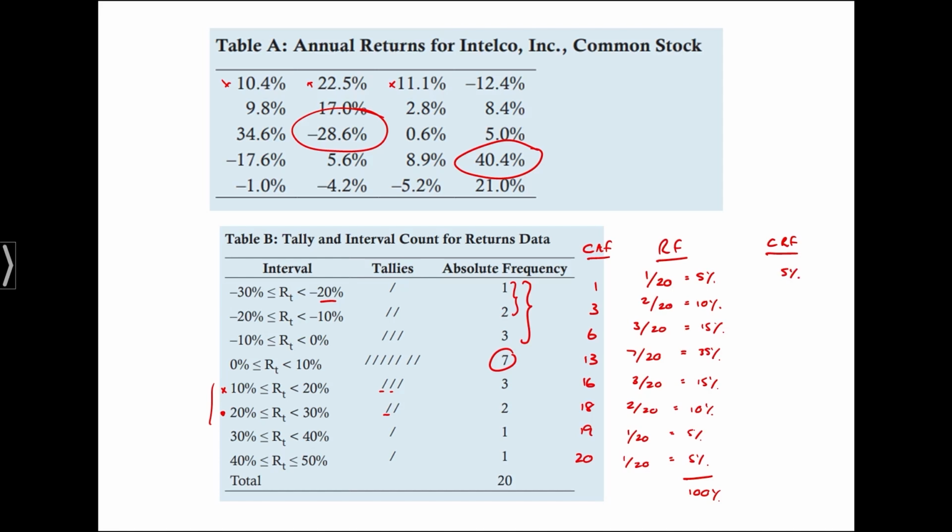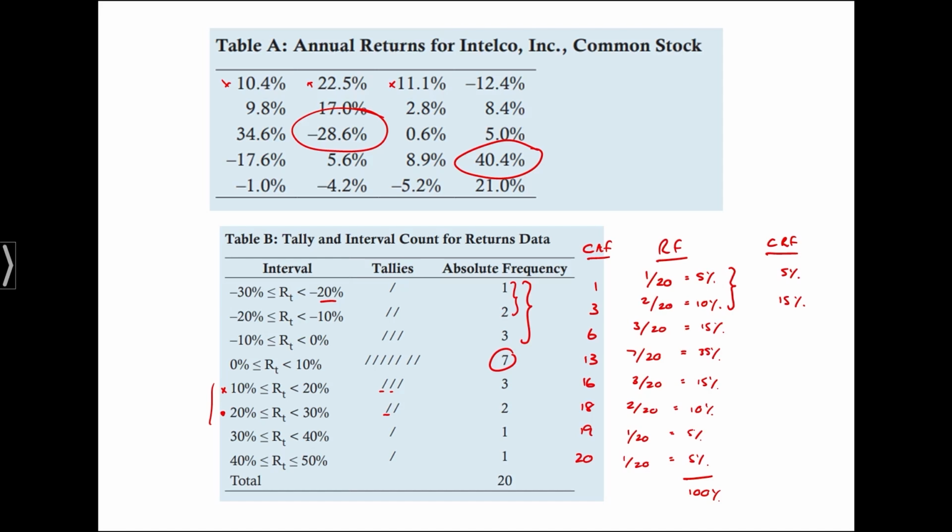If we're interested in the proportion of observations lying less than minus 10% or below, then we take our relative frequencies and combine them and we get 15%. So we can now say 15% of observations have a return that is less than minus 10%.